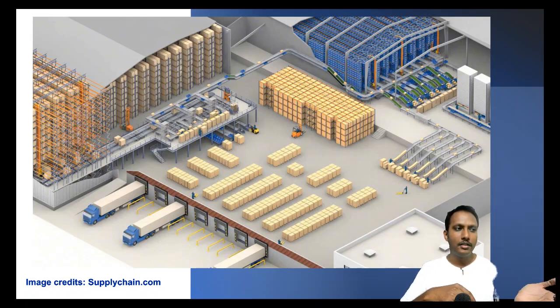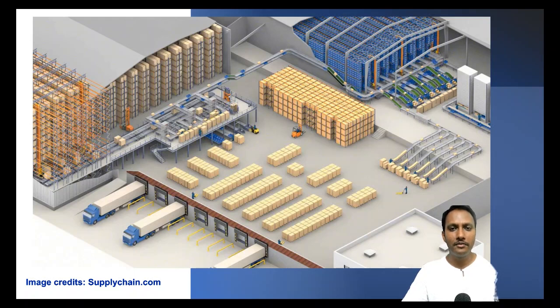The important piece to remember here is that in such a large warehouse, there are many locations available. How do the warehouse workers know exactly where this item must be stored? That is one of the simple reasons you have to use advanced warehouse management.